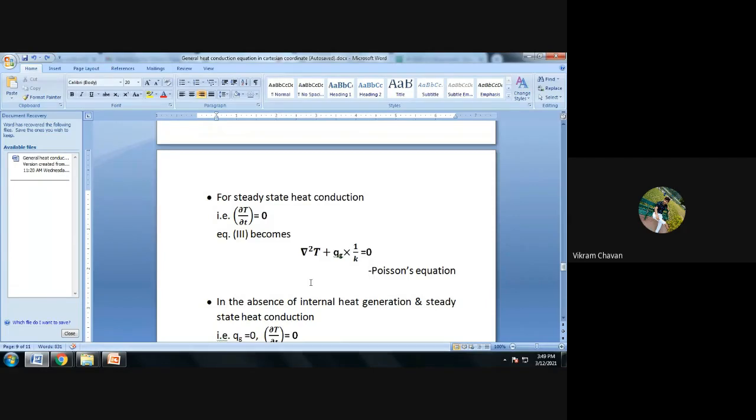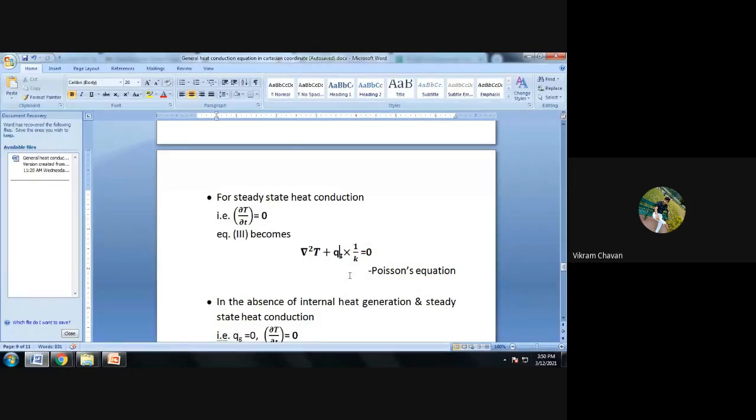This is the condition. Then equation 3 becomes del square T plus Qg divided by K, or you can write Qg multiplied by 1 upon K. Here I cannot use the suffix in the equation format, so I am using multiply.